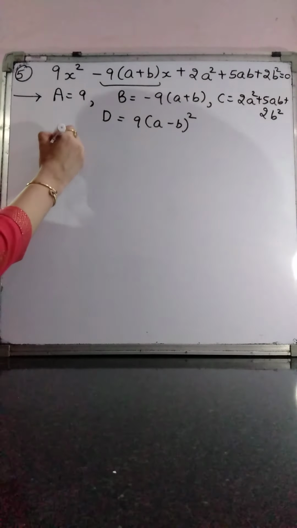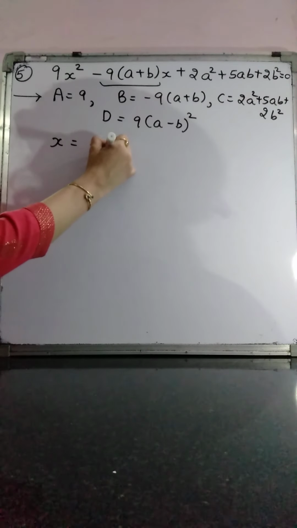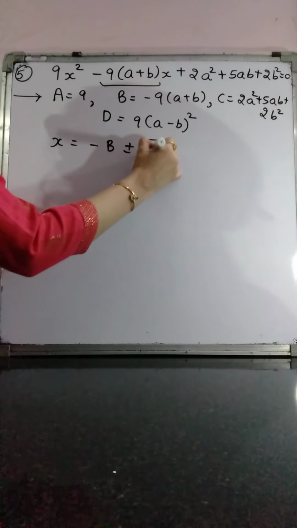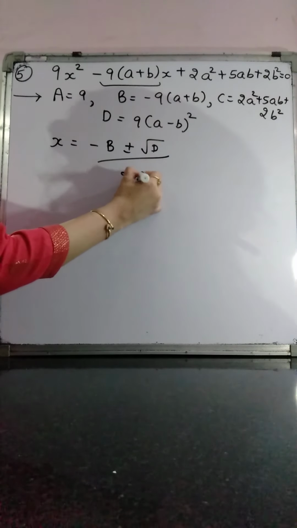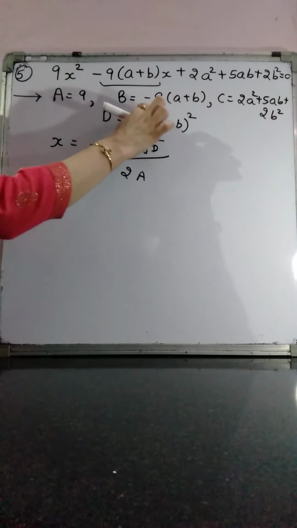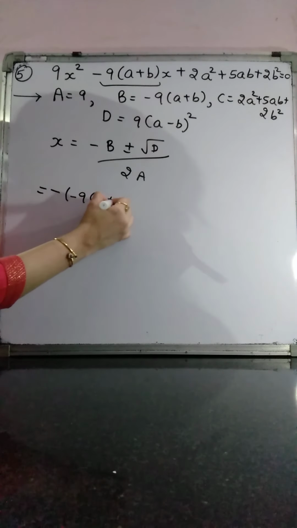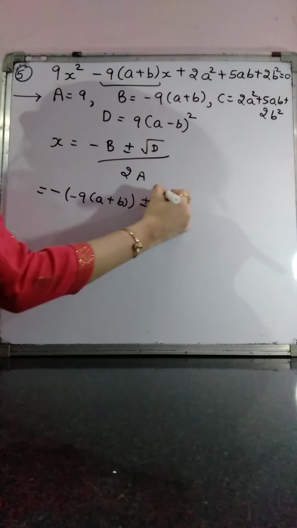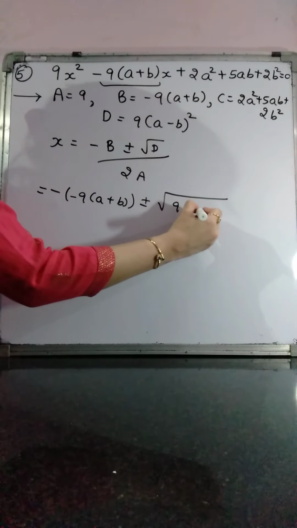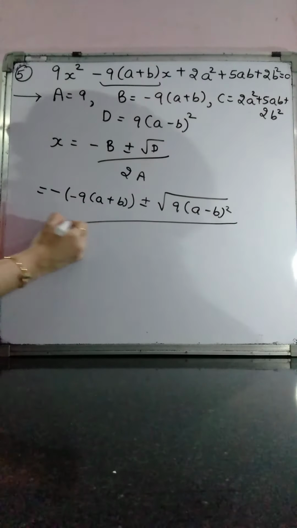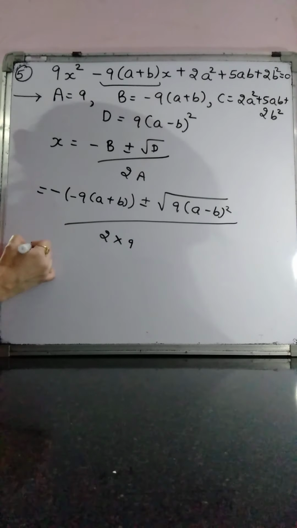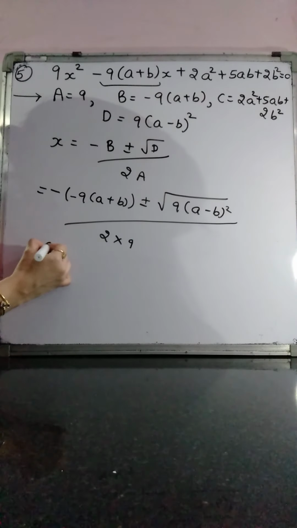Now substitute the values in the quadratic formula, minus b plus minus root D by twice of a. Minus 9a plus b plus minus under root, minus and minus plus.